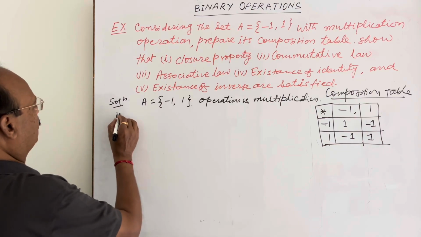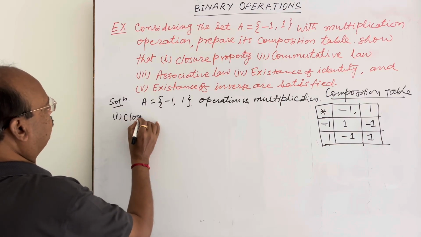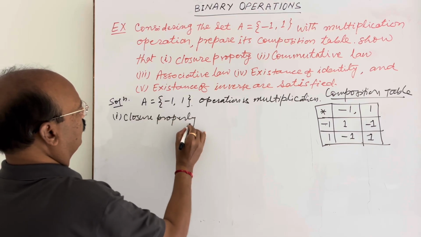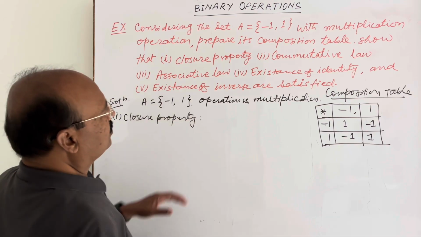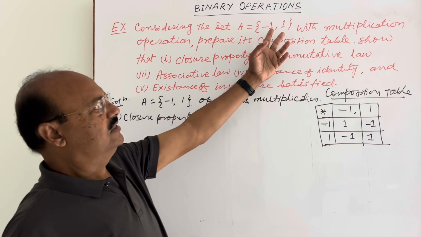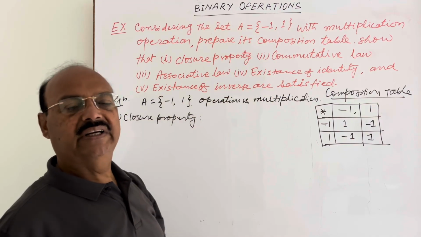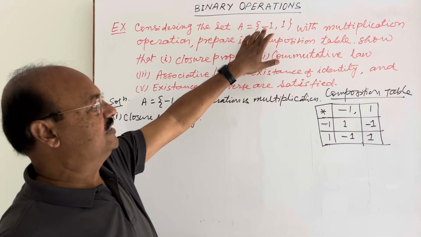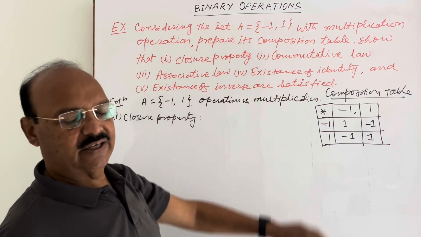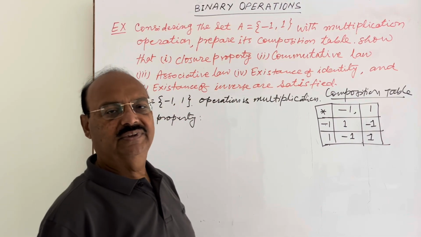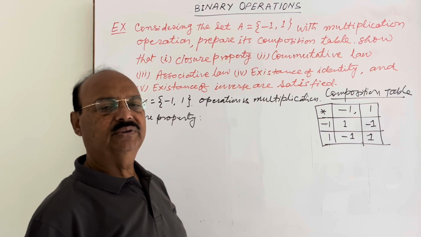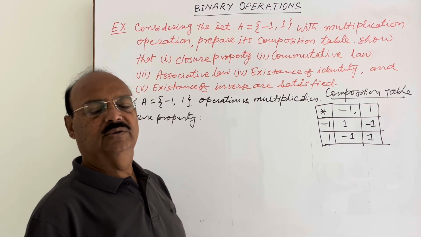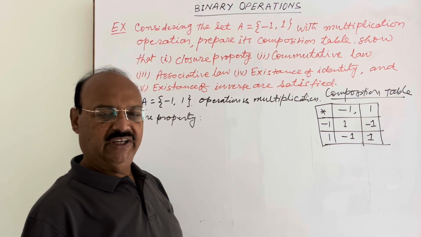First, closure property. So this set having elements -1 and 1 is a subset of the set of integers, and we know that integers are closed with respect to multiplication.